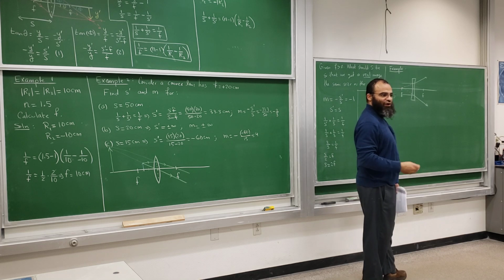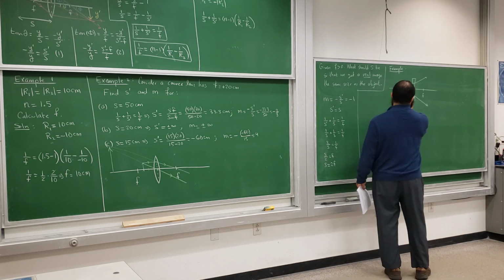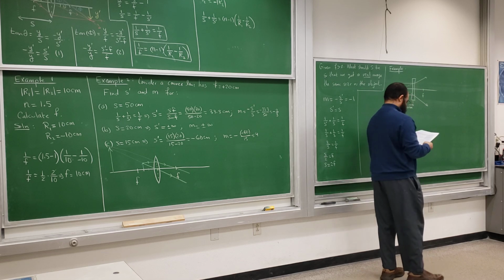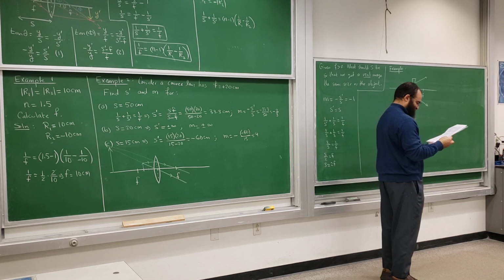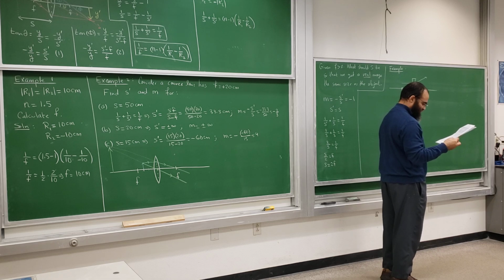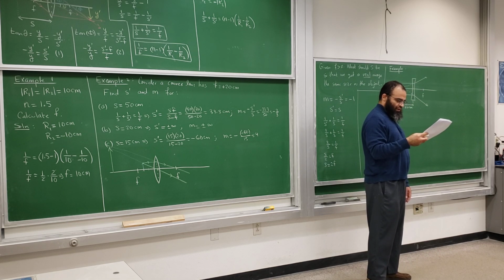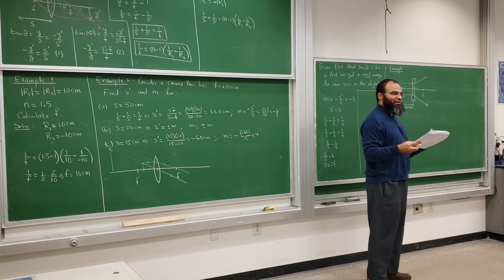And they tell us how far that point is. They say it's 20 centimeters, I think. Let me read it again. Yeah, 20 centimeters. It says here, you want to use this lens to form an image that's upright but 1/3 the size of the object.